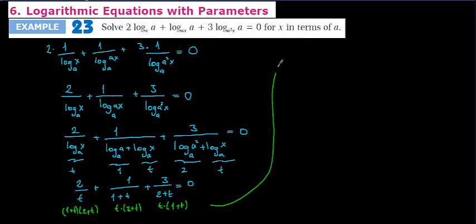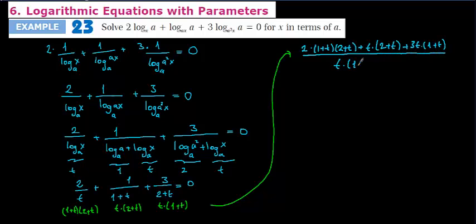If I continue from this part, here it's going to be equal to 2 times 1 plus t times 2 plus t, plus 1 times t times 2 plus t, plus 3 times t times 1 plus t, all over t times 1 plus t times 2 plus t, which is going to be equal to 0.